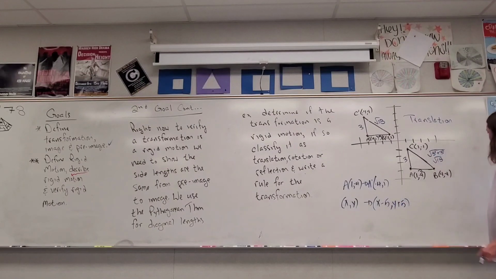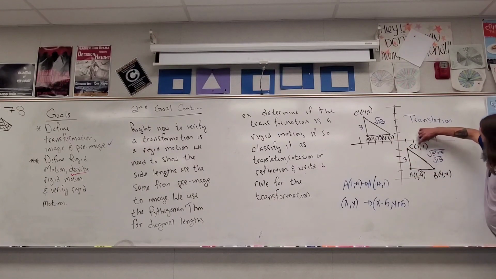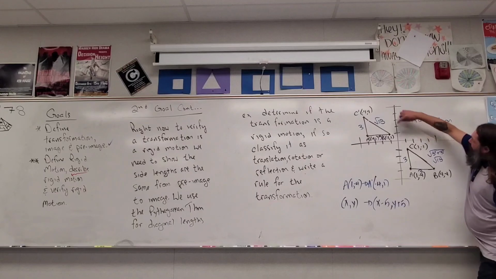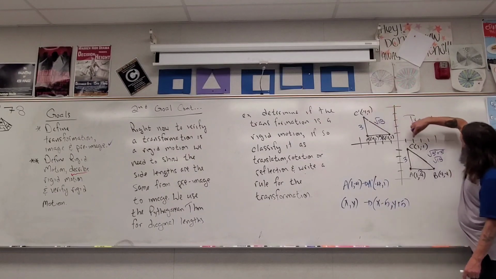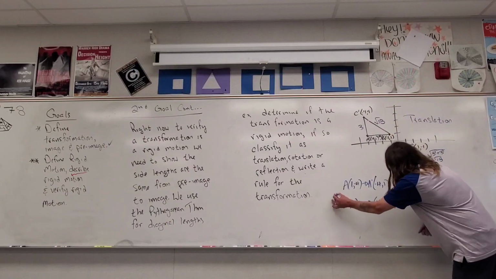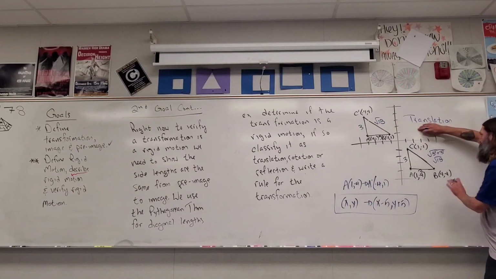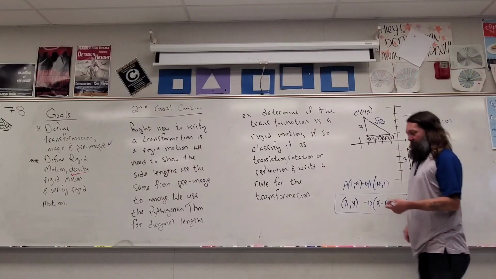Okay, so let's see if this works. If I take away 5 from 4, I get negative 1, that works. If I add 5 to negative 4, I get positive 1, so that's working. If I take away 5 from 1, I get negative 4. And if I add 5 to negative 1, I get the positive 4. So this is the rule that I need to describe my translation because I have a rigid transformation.